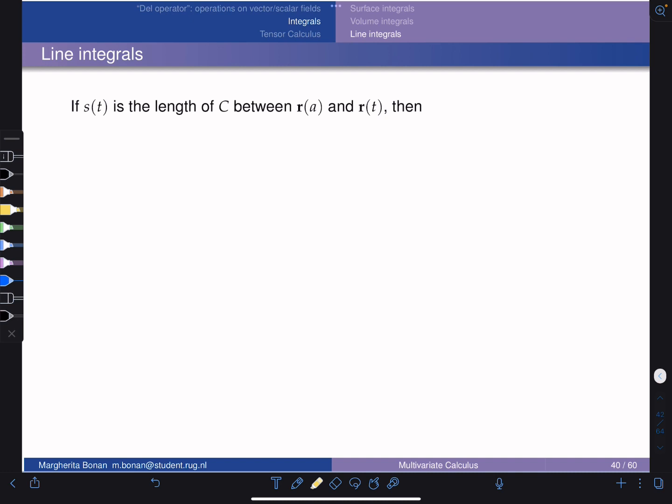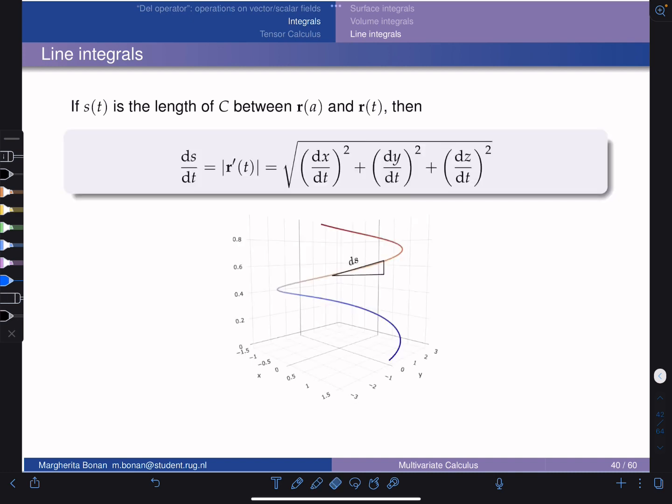Then we know that the change in s is given by the magnitude of the derivative of r. And as we know, the magnitude is given by this expression. Here we have dx over dt since we have r prime. If we only had r, for example, we wouldn't have had dt.